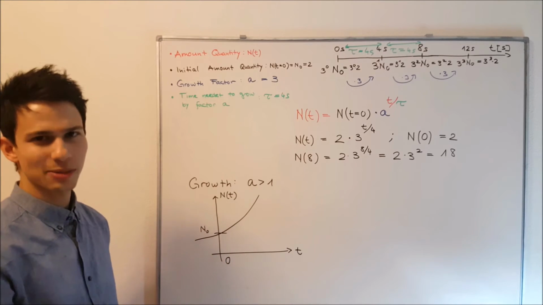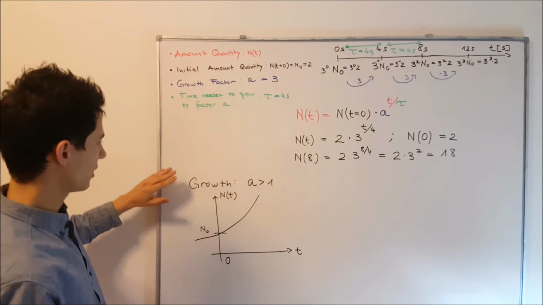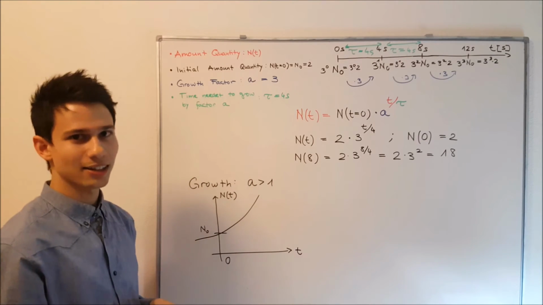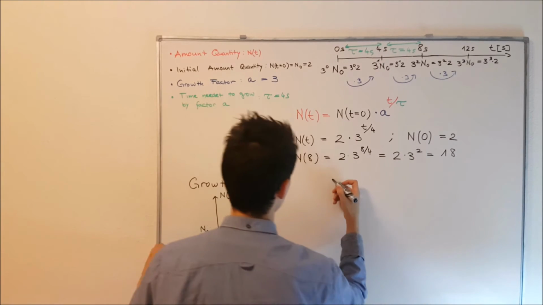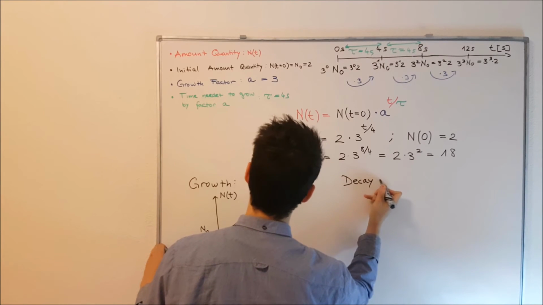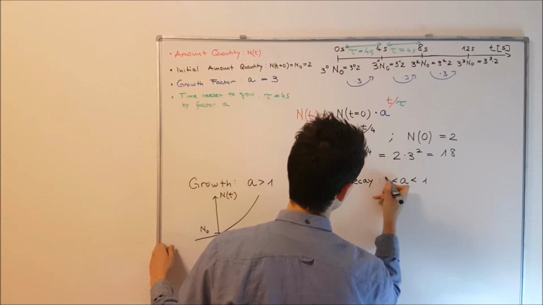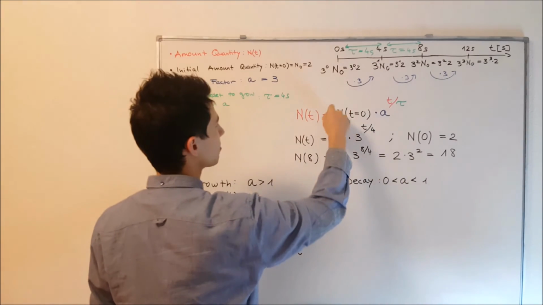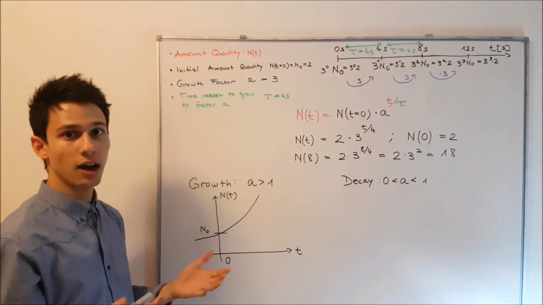Now, what is exponential decay? Well, the only difference to exponential growth is that the growth factor is less than 1 and greater than 0. So decay happens if A is in between 1 and 0. Why? Because then you would multiply in each step times a factor, for example, 1/2.